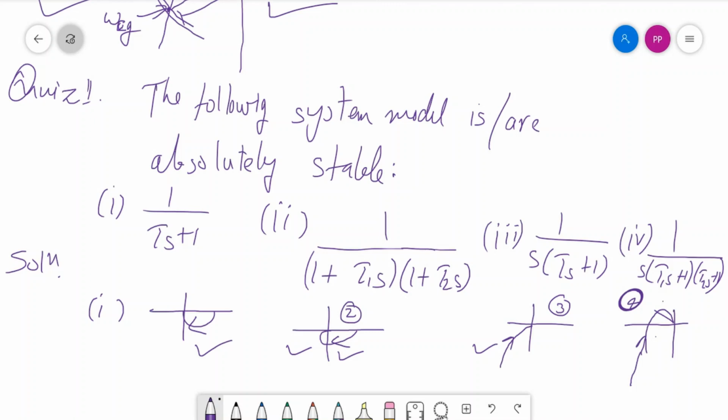For seeing the gain margin, we have to find out where this gain goes beyond the -1 point or not. So we can understand that here we have 3 correct answers and only 1 wrong answer.